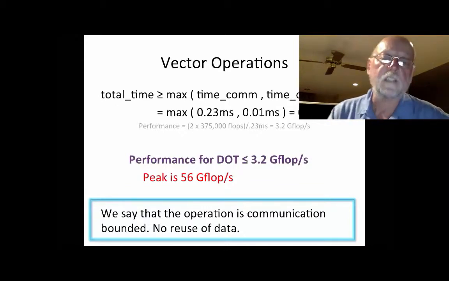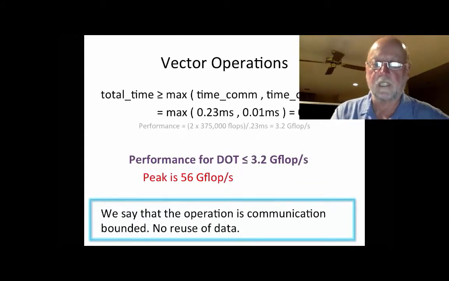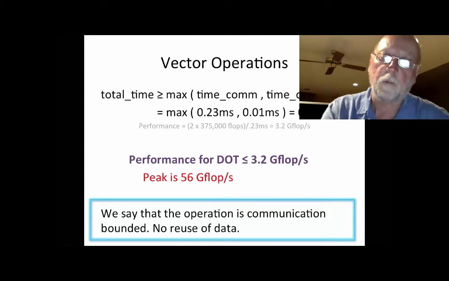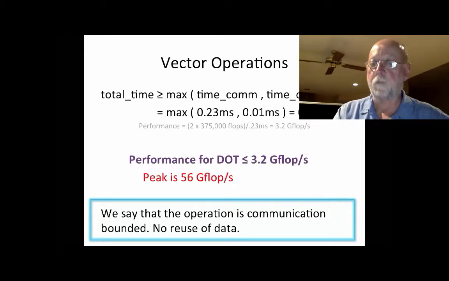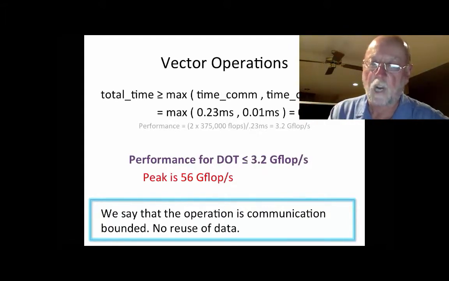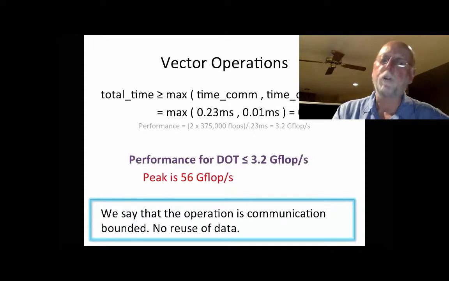So I have a processor which has a peak performance of 56 gigaflops, and my inner product, my dot product, is going to run at 3.2 gigaflops. So I'm very disappointed with my performance if I'm going to be doing a dot product on my laptop. I'm only going to be realizing less than a tenth of the performance that it's capable of.